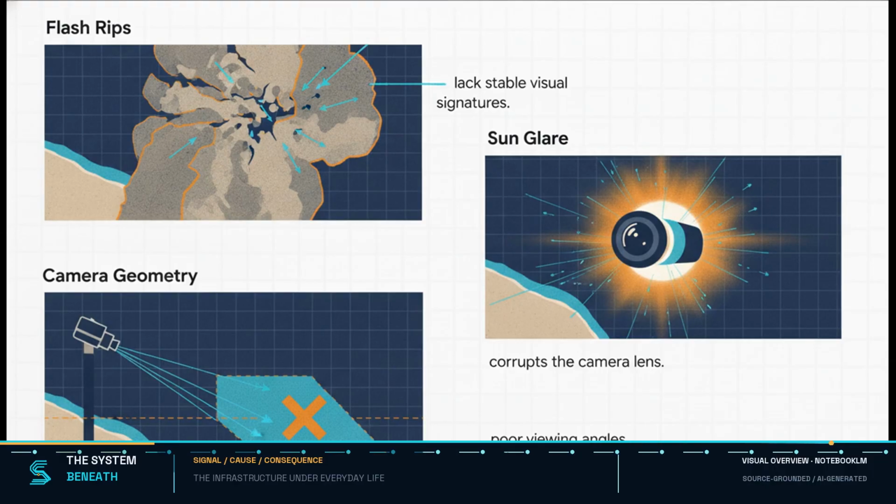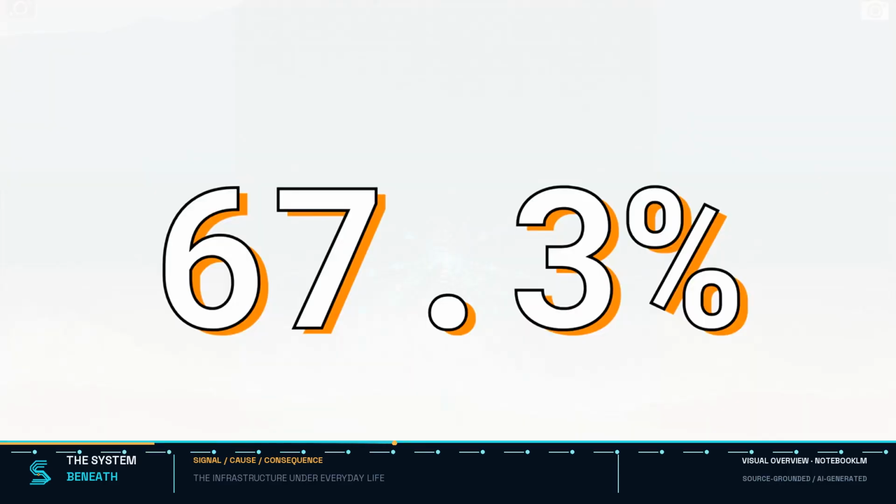Second is environmental noise. Things like harsh sun glare on the water can completely corrupt the camera lens and totally trick the optical flow software. And third, camera limitations. If a camera isn't positioned low enough or pointing seaward enough, the mathematical geometry of the whole system just fails.